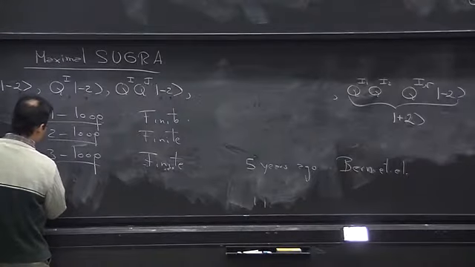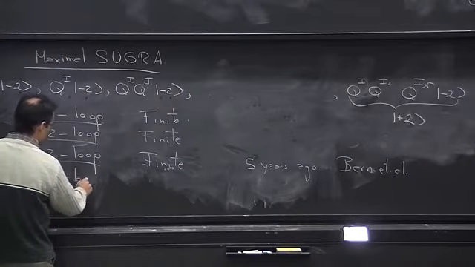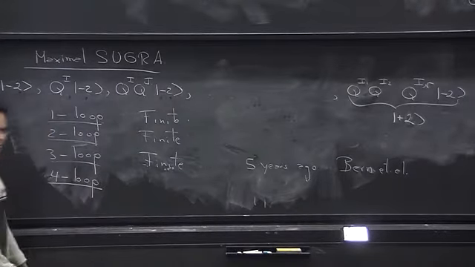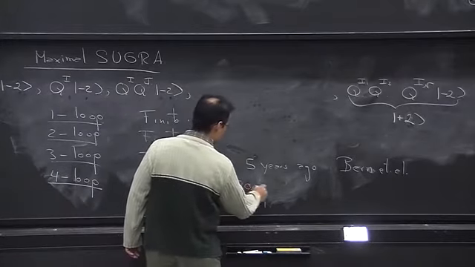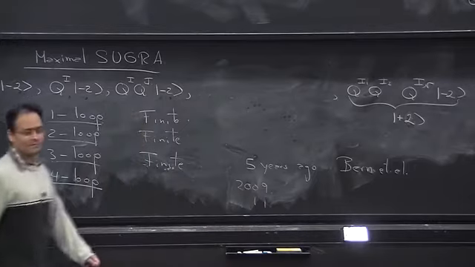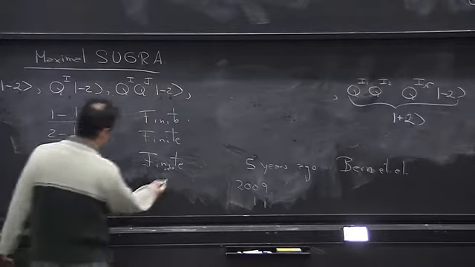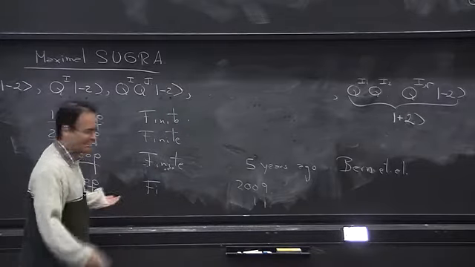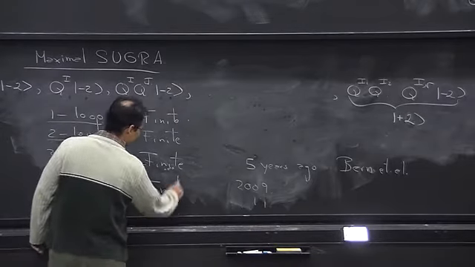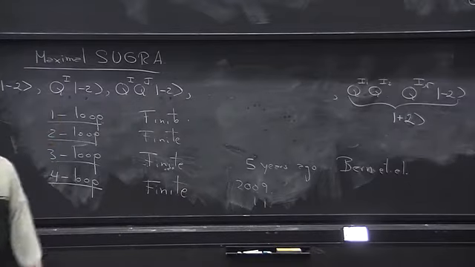Well, the natural thing to do, of course, is to try a 4-loop computation, which they finished in 2009. And I'm not going to ask this time, because I already got Andrew. That's all I wanted to do, really. It turns out to be finite.